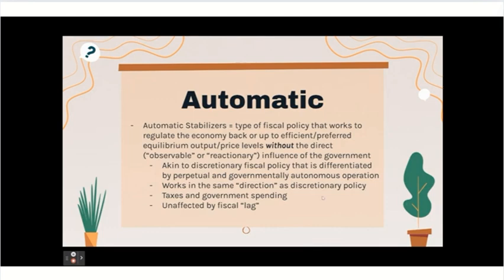And one last thing is that it is unaffected by the three types of lag that we mentioned in discretionary fiscal policy. Since they're working on their own, it doesn't have to jump through all these hoops of time and human error, political kind of nonsense.